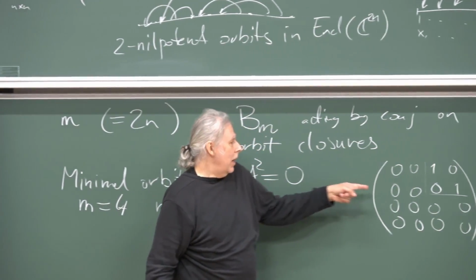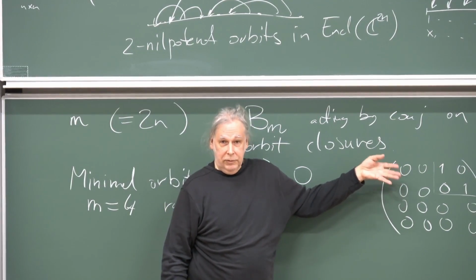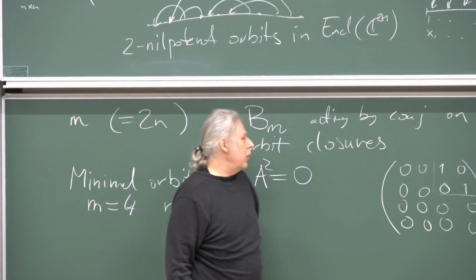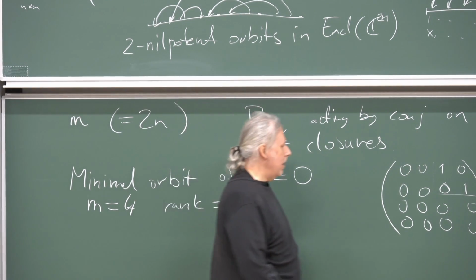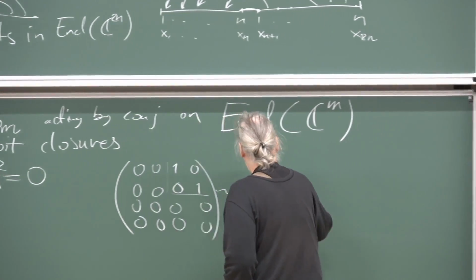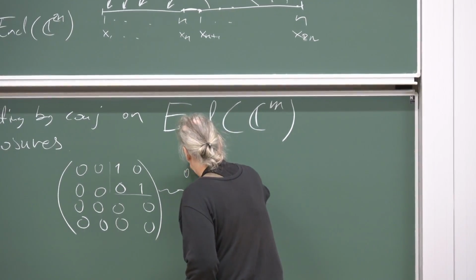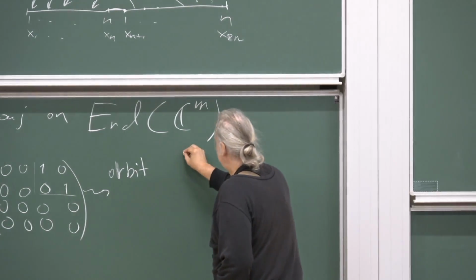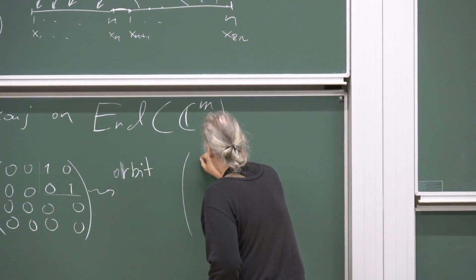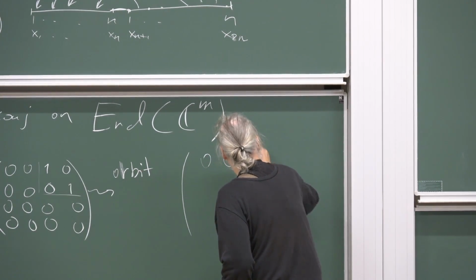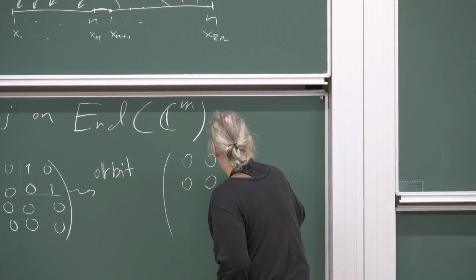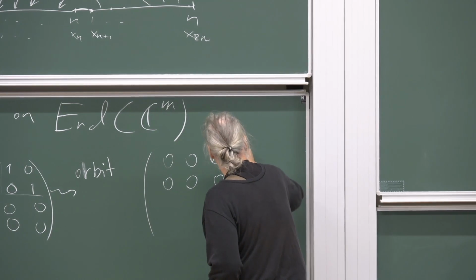So this is a matrix whose square is 0, and it's the orbit of the Borel group of the minimal rank, and its orbit is something like this. Here, the element which is non-equal 0. Here, element non-equal 0.